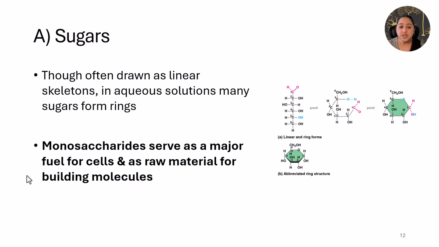So monosaccharides will typically be used as a major fuel for cells or raw material for building molecules, because so much stuff is built off of carbon, right? The carbon skeletons. So in a future lecture, when we talk about metabolism and cell metabolism, how cells get energy, monosaccharides are a major fuel for that, especially glucose. We're going to focus on cellular respiration and how glucose specifically gets broken down and we obtain energy from that.